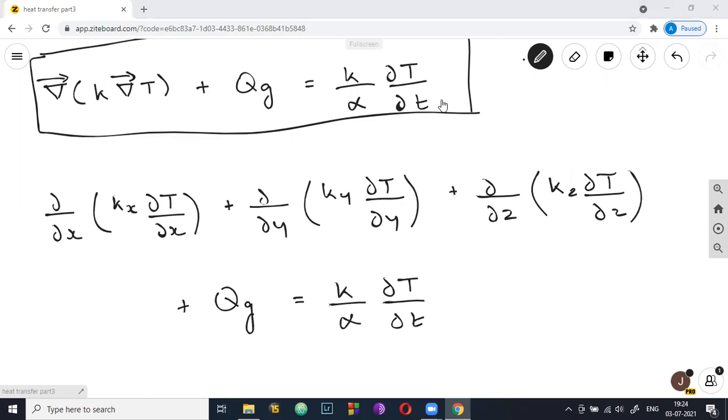Q is not heat flux, it is actually heat generation. Qg stands for heat generation.